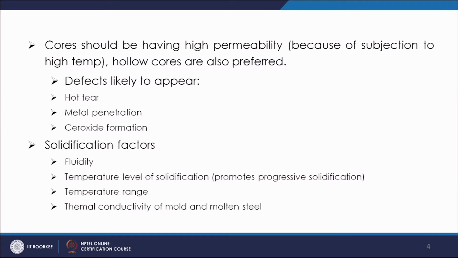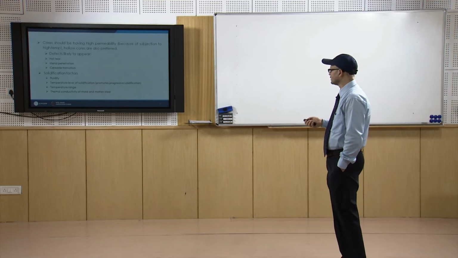More likely they are used for such castings, because then it can very effectively allow the gases to escape through it. Now the defects which are likely to appear and are to be considered for such steel castings. One is hot tear.